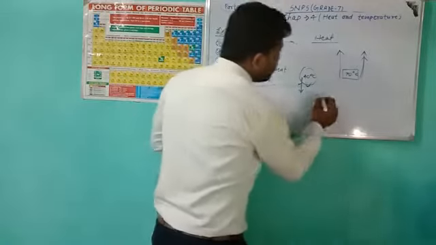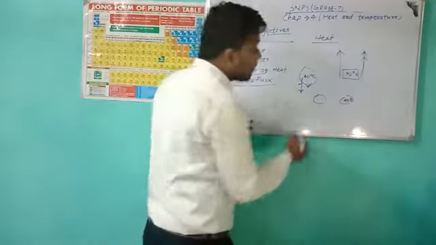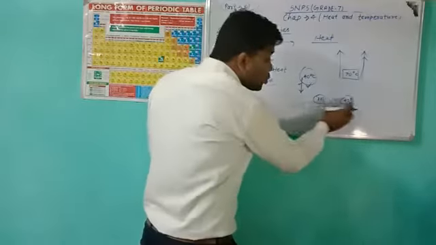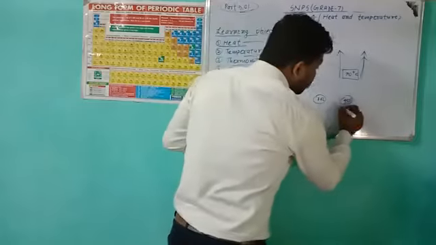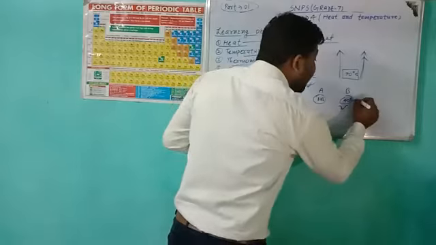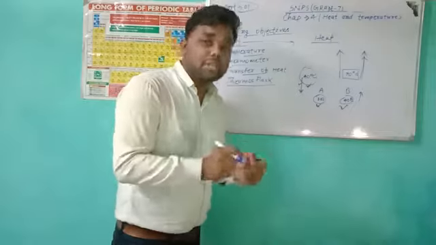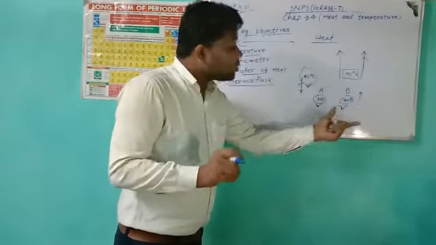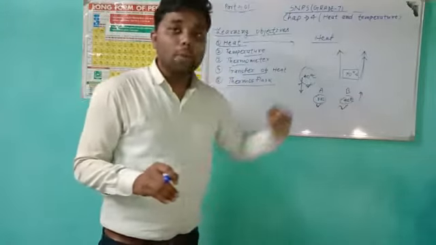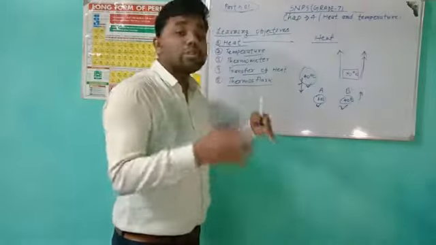If we talk about two objects, one with a temperature of 40 degrees Celsius and the other 10 degrees Celsius, and we compare these two substances, the temperature of object B is greater than object A. So this is only a comparison: object B is hotter and object A is cooler than this object. So am I clear? I made my point very clear about what is a hot object and what is a cool object.